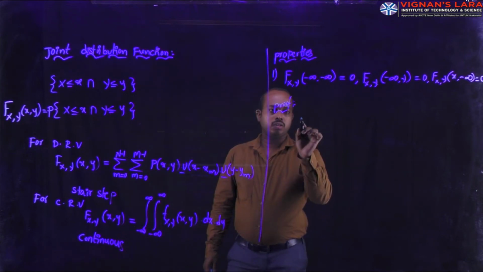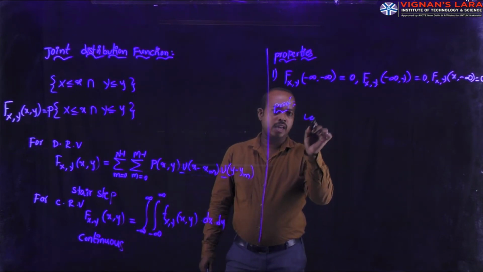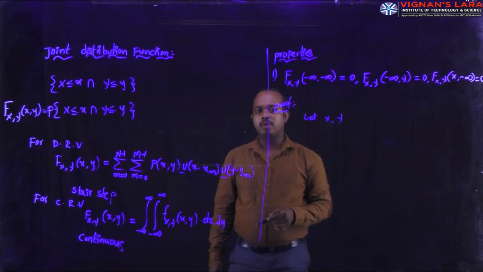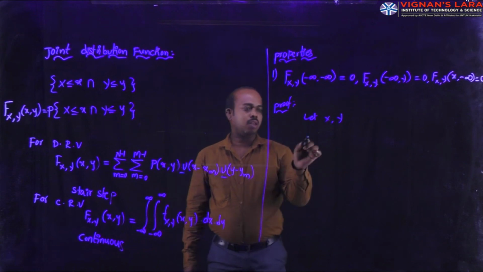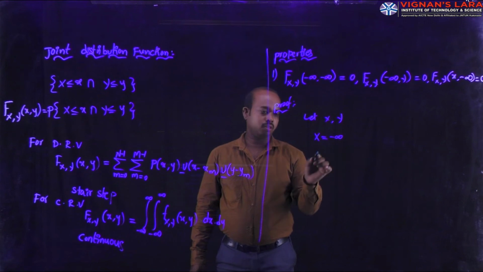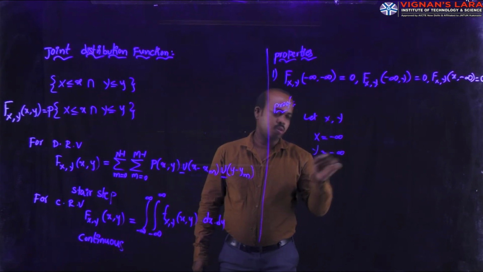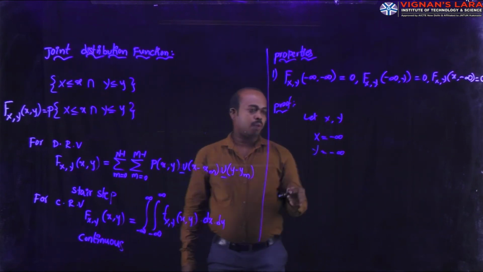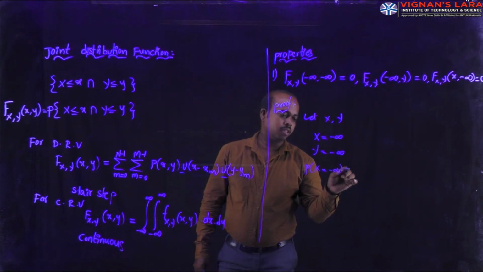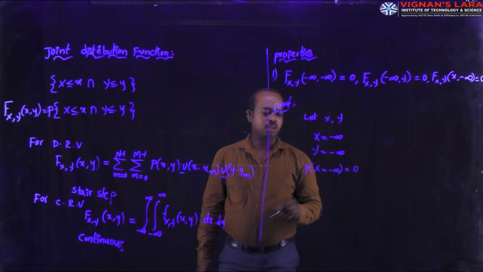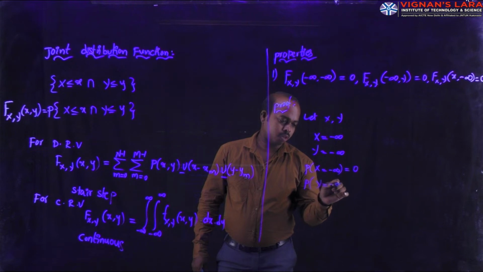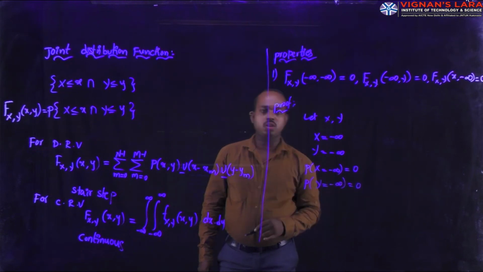Based on that, let capital X and capital Y be two random variables. For these random variables, the x quantity is minus infinity and the y quantity is also minus infinity. When I apply the probability for x equal to minus infinity, the value is 0. Similarly, the probability for y equal to minus infinity is 0.